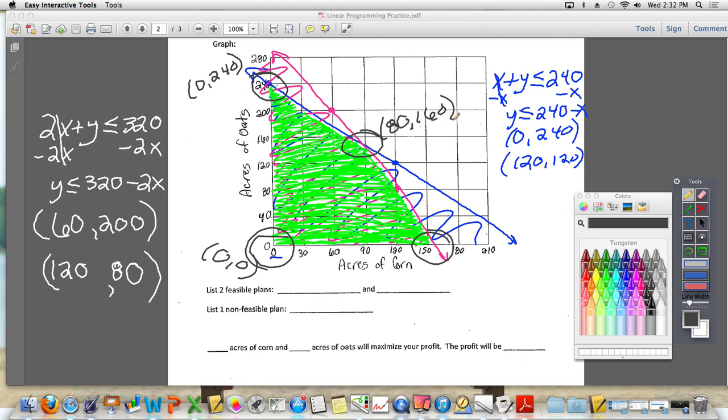All right, we have one more corner. Don't guess. No guessing. You have to calculate accurately. 160, you think? So let me give you some clues here. This line right here, the pink line, was y equals 320 minus 2x.